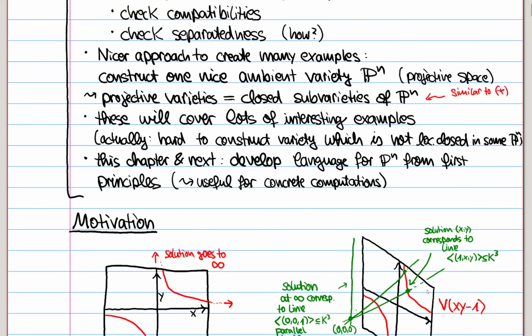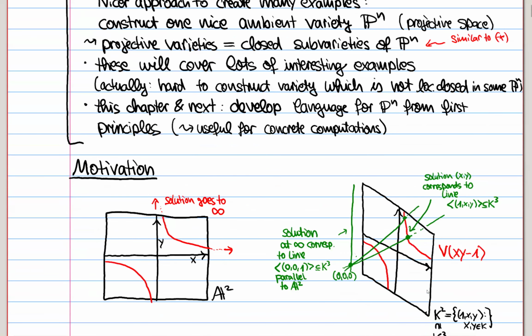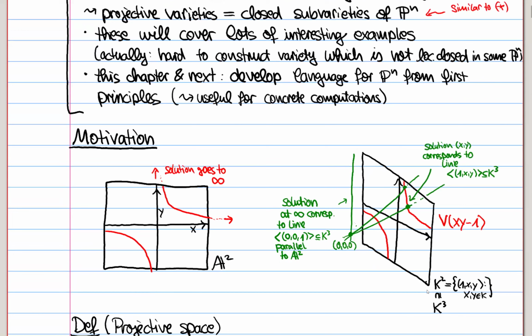And now the motivation for the concrete definition of projective space is maybe looking at this picture here. This is the classical solution set you see here, V of xy minus 1, the classical hyperbola. And one thing that we can see is that, at least in the real picture, we can go on and on and on.